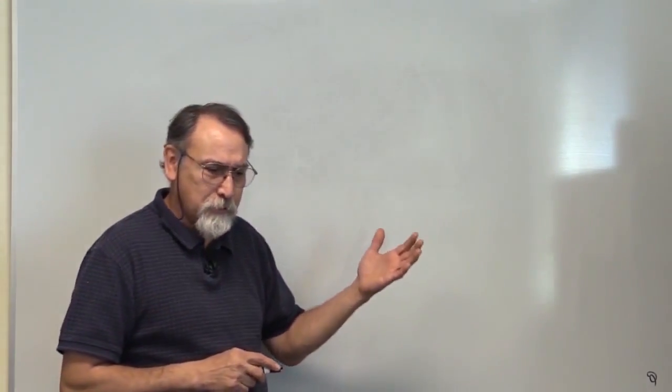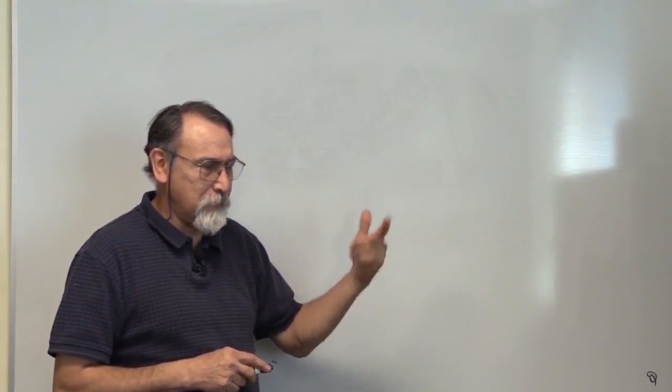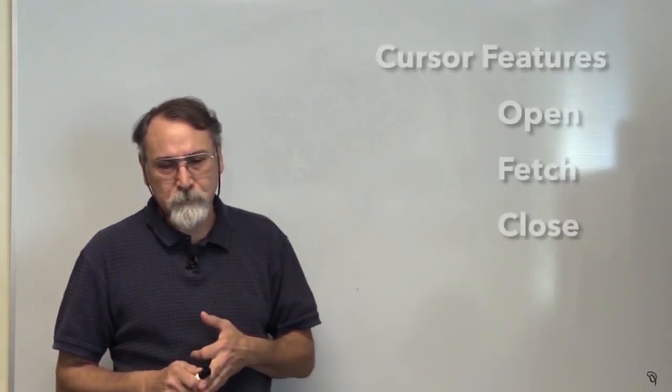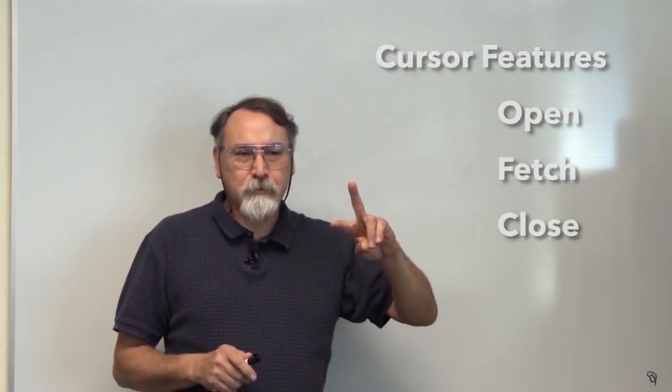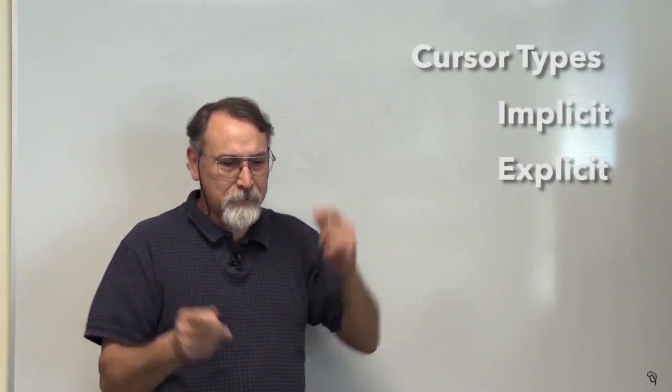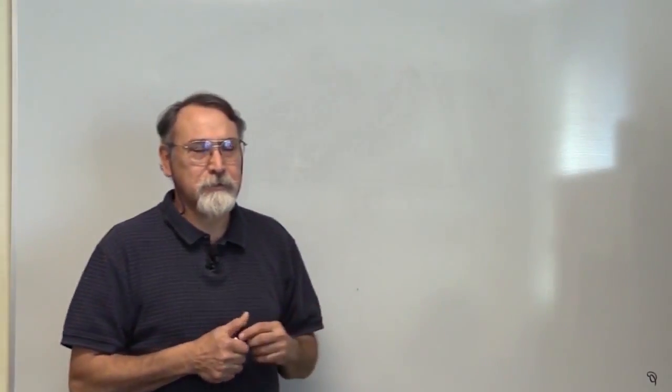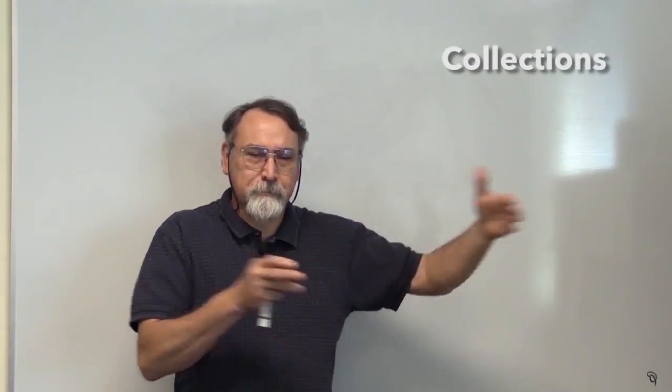The cursor, remember that the cursor has that looping mechanism. Also, the cursor has the open, has the fetch, and has the close. And then there were two types of cursors, the implicit and the explicit. We really haven't hit on the collections. There's a process called collections that I was going to talk about. When you create a database, you collect information over time.